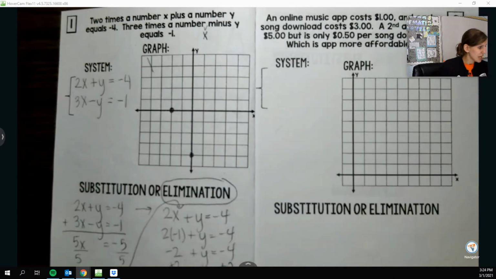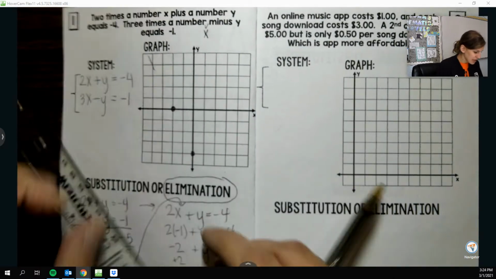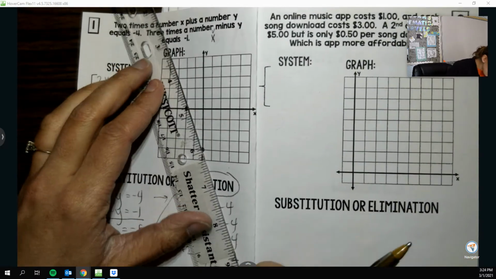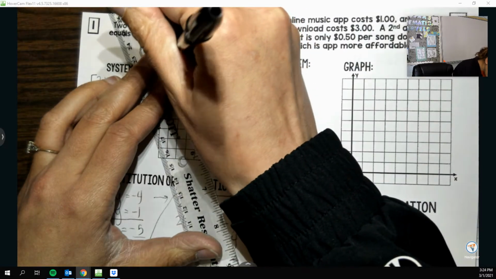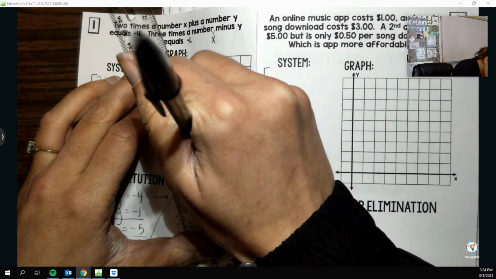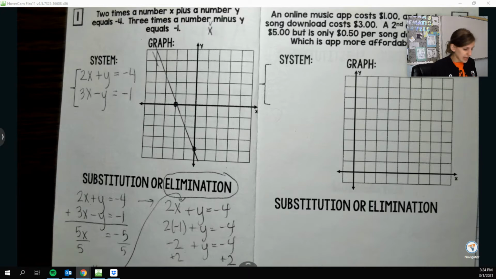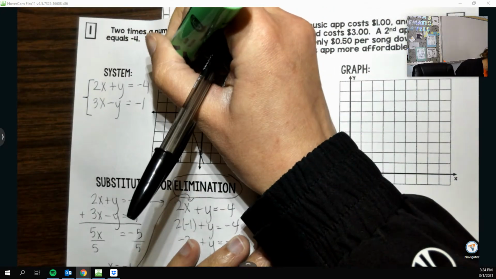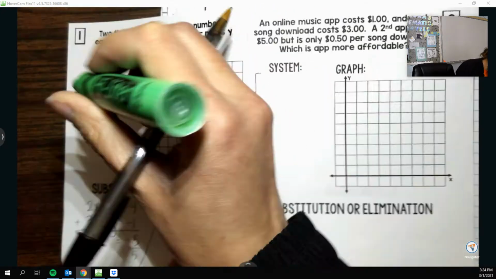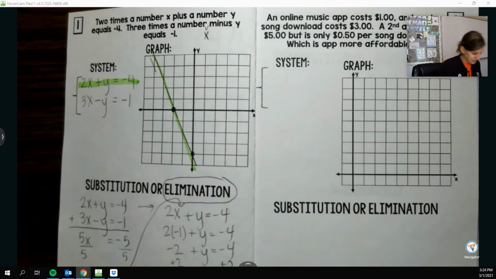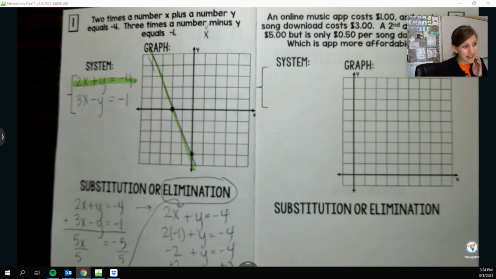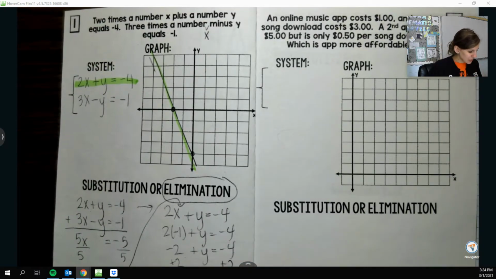So we get this line here. Oh my gosh, I need a straight edge. I can't do it. I was going to do it midair and it was going to be so bad. Here we go. Let's highlight that one so that we remember. This was that line. And then if I graph the next one, oof.